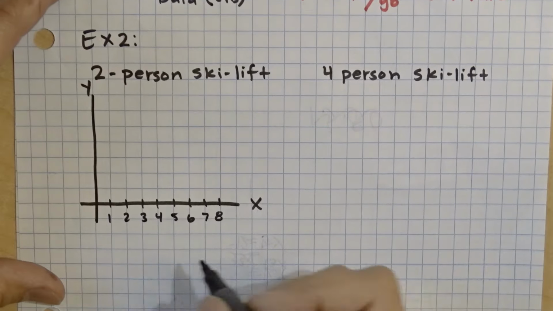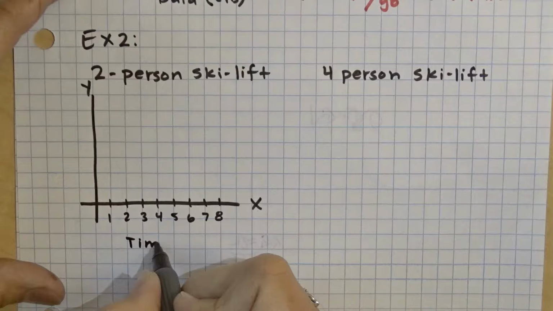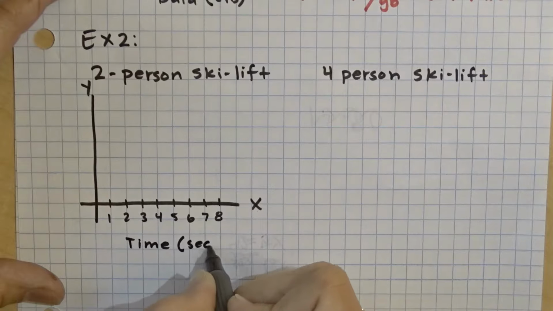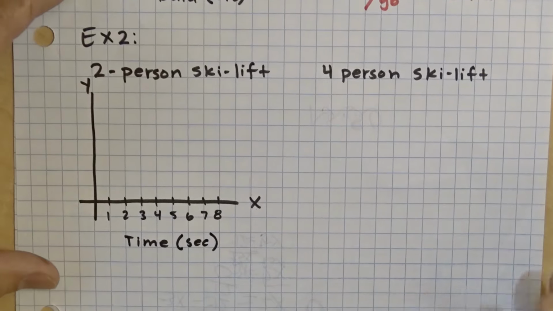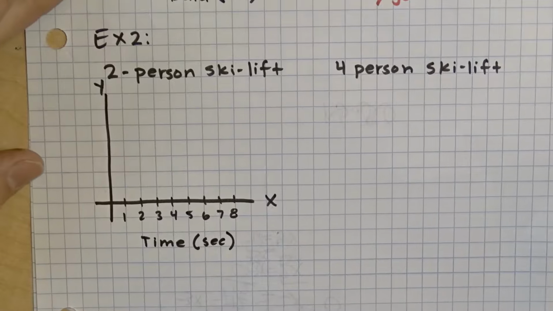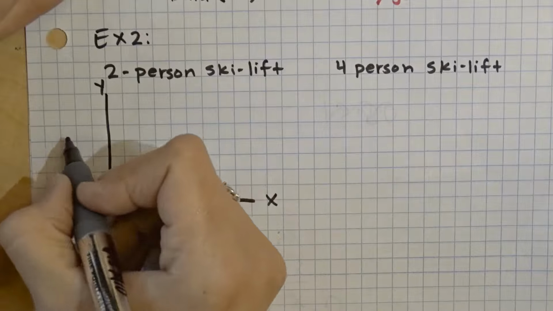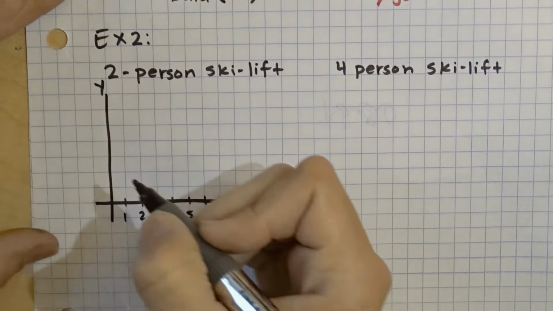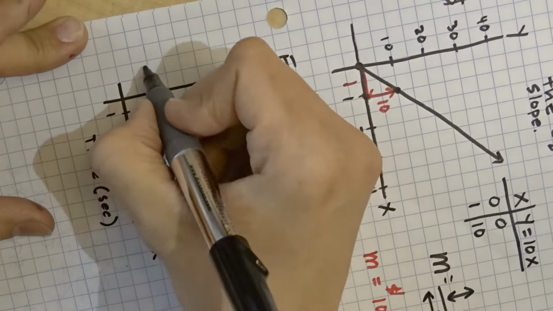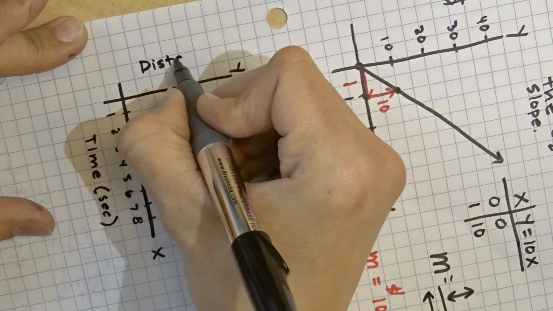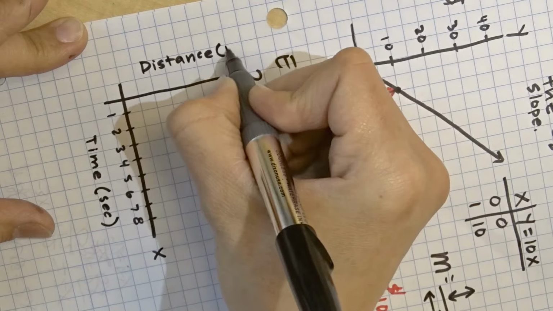And that represents seconds, the amount of time we're on the lift taking us up the mountain. And the distance would be on the side, and that will be in meters.